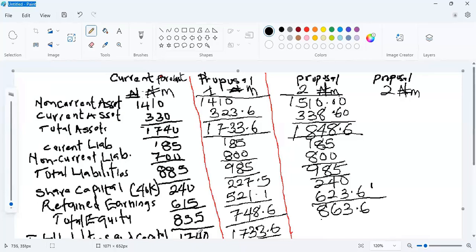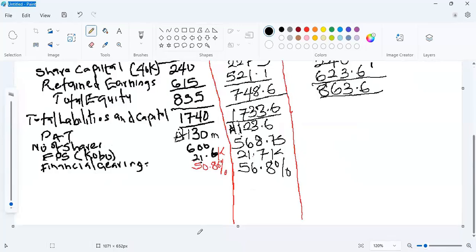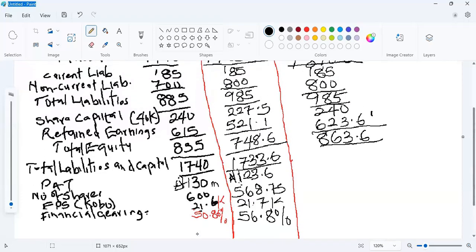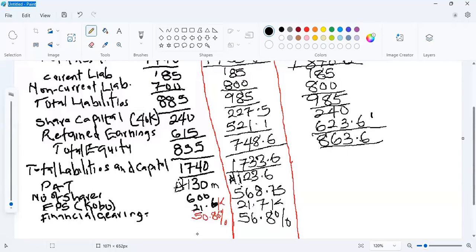Therefore, our total liability plus total equity is 1848.6. It is. Okay, we close that.